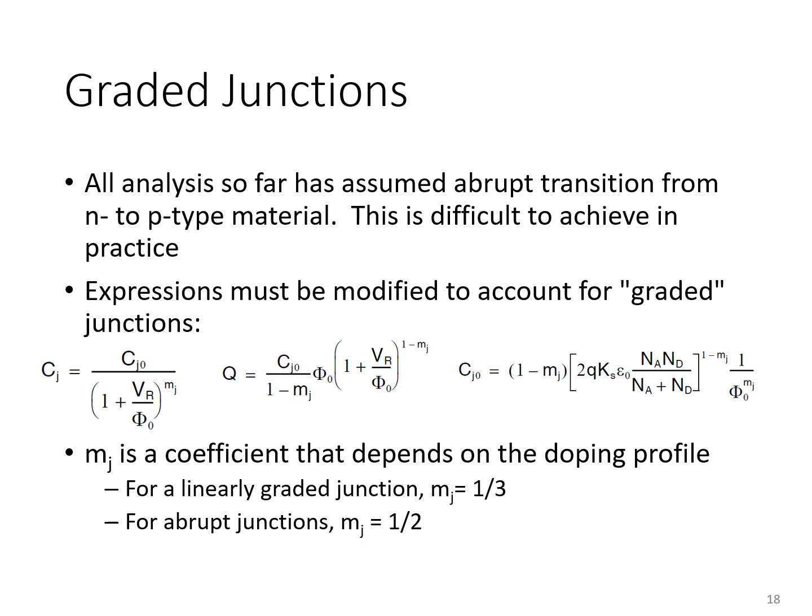This material here just reminds us that the inverse square root relationship may be changed to have an exponent other than -1/2 if the junction is not modeled as an abrupt junction. That is, if there's not an abrupt transition between P-type material and N-type material of two different concentrations.